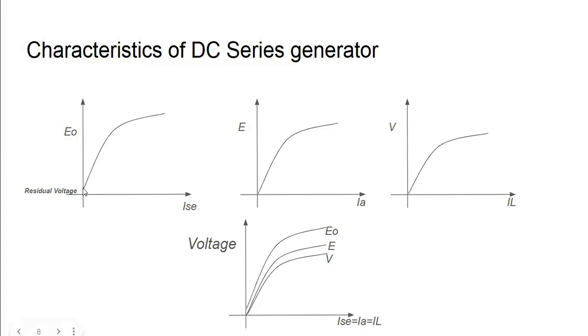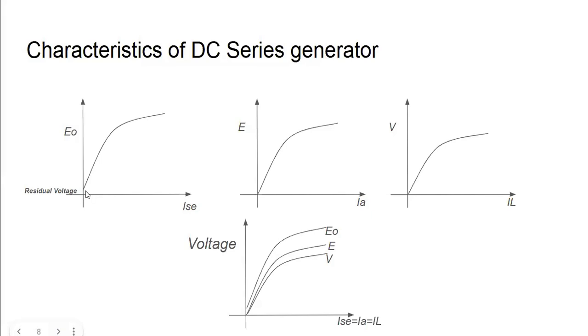Now you will be having a concept called residual voltage here, which is the voltage that is generated even when there is no field current. So for that voltage to be generated, we should have some residual magnetism in the generator.